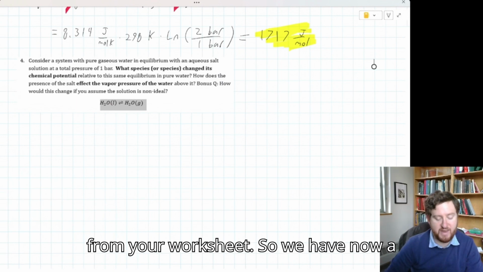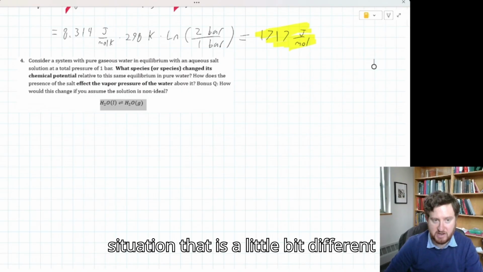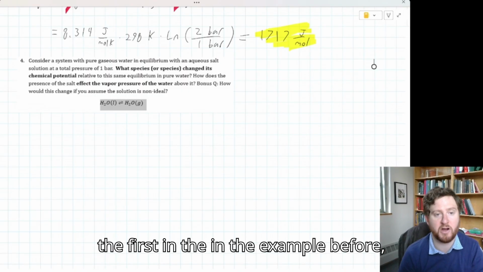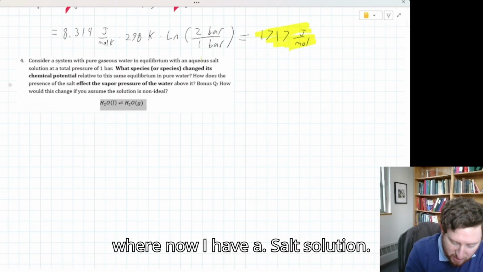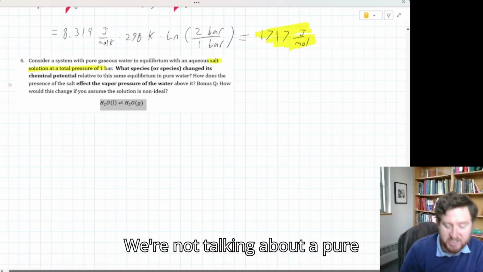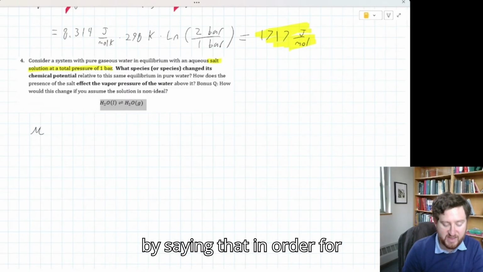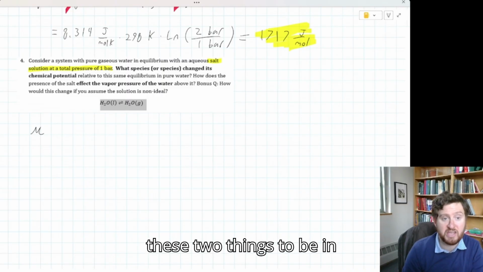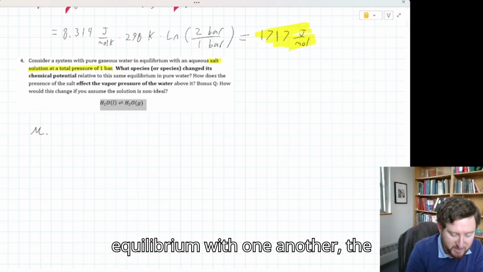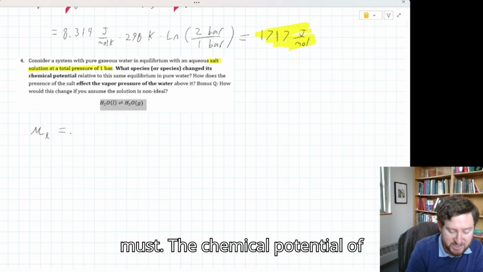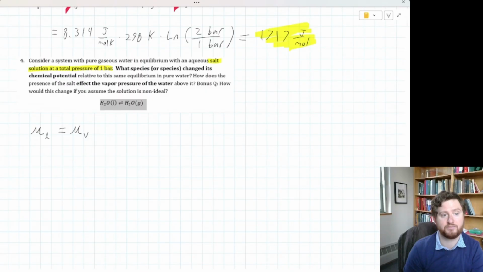So we have now a situation that is a little bit different from the example before, where now I have a salt solution. We're not talking about a pure liquid anymore. But I could begin by saying that in order for these two things to be in equilibrium with one another, the chemical potential of my liquid water must equal the chemical potential of my vapor phase water.